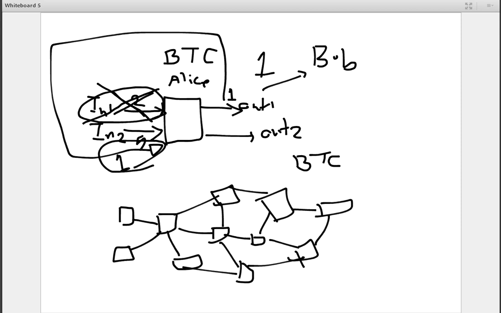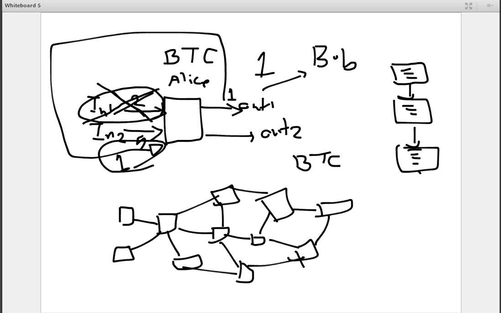Some nodes just send and receive Bitcoins. Some others create blocks, and they are called miners. As I said, in the blockchain, all transactions should be kept in blocks. In Bitcoin, I think roughly 200 transactions are kept in a block.